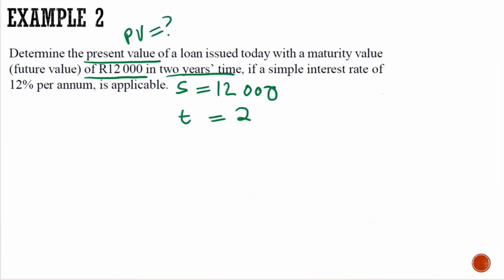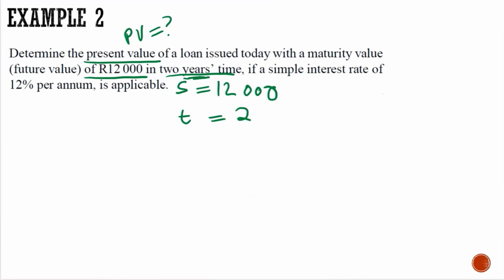We don't need to be worrying about converting anything because our time is given in years. It's not given in days or weeks or months. It is an annual timing. So we leave t as equal to 2.